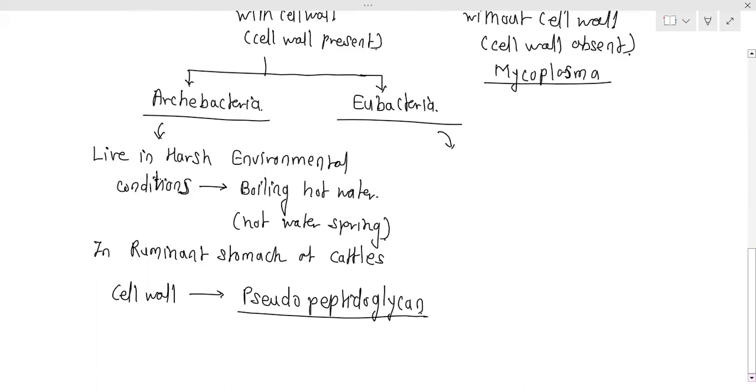And in these bacteria, cell wall is made up of peptidoglycan. Right? Remember, in archaebacteria, cell wall is made up of pseudopeptidoglycan, and in eubacteria, that is normal bacteria, cell wall is made up of peptidoglycan. Right? Clear?